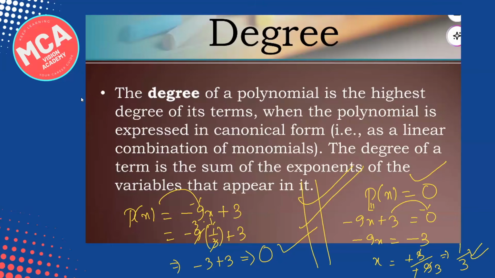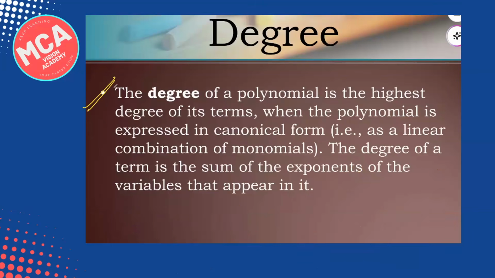Now what I've written, again, I've written the same thing as the PPT that was shared in the last. The degree of a polynomial is the highest degree of its terms when the polynomial is expressed in canonical form, that is linear combination of monomials. The degree of a term is the sum of exponents of variables that appear in it.